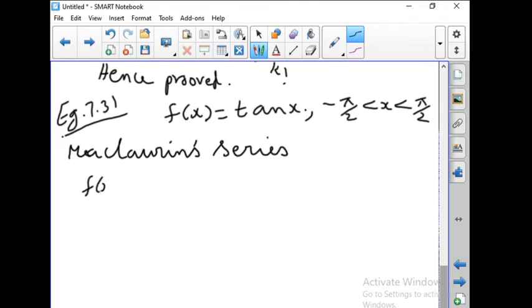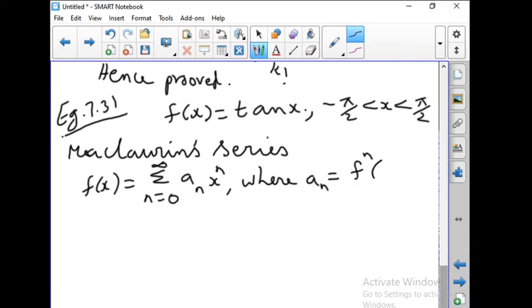f(x) is equal to sigma n equal to 0 to infinity a_n x^n, where a_n is equal to f^(n)(0) by n factorial.